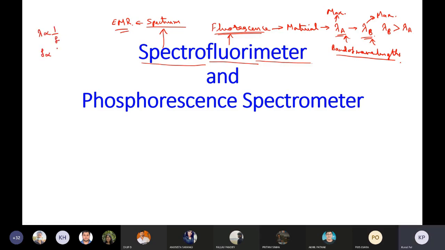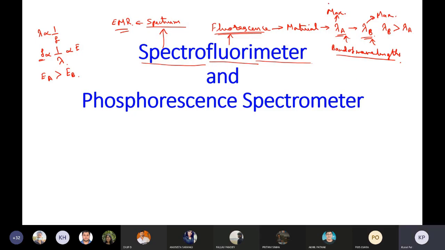So frequency F is inversely proportional to lambda, and frequency is also directly related to the energy content of the electromagnetic radiation, right? So this means the energy content of A is greater than the energy content of B.